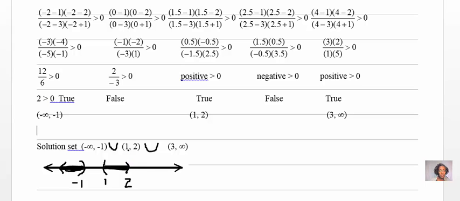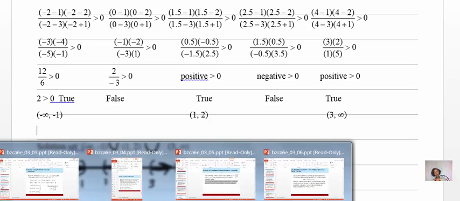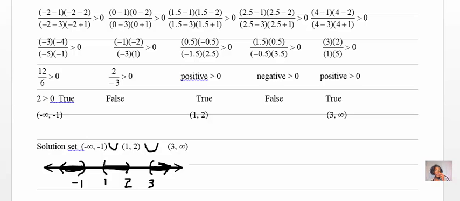These are all going to be parentheses. And any number bigger than 3. So there is our solution set as a number line graph. And notice I do need to show the endpoints on that.